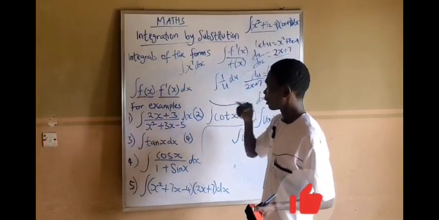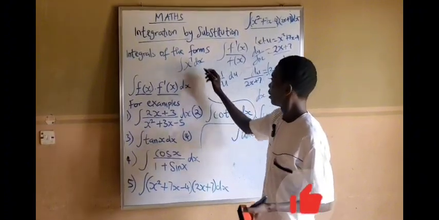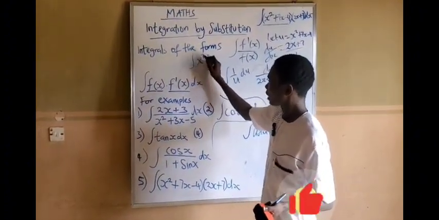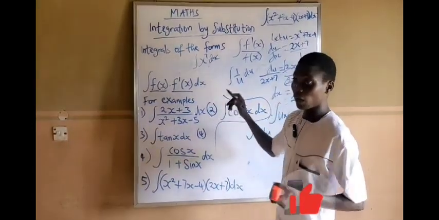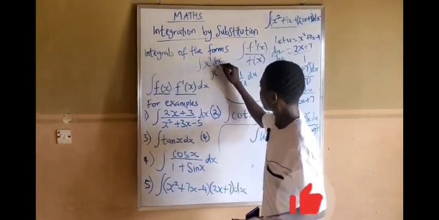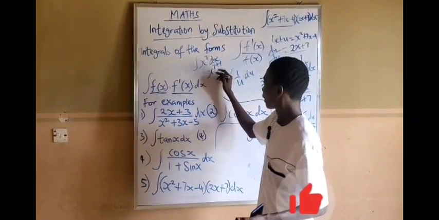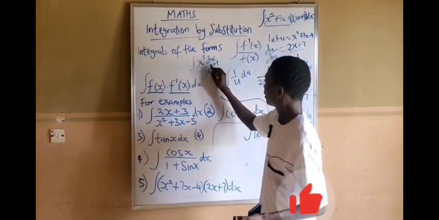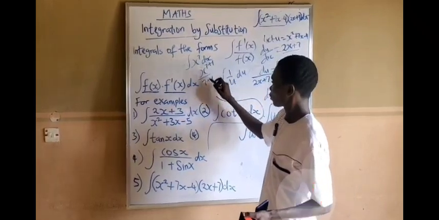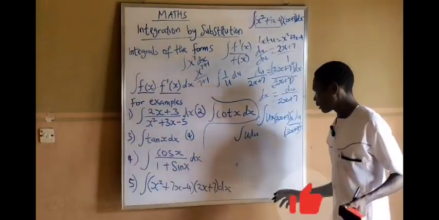You can watch my video, I've actually prepared a video on that. In differentiation, you multiply by the power and subtract 1 from the power, but in integration, you add 1 to the power. So this will give you x raised to the power of 7 plus 1, divided by 7 plus 1, so x raised to the power of 8 over 8.